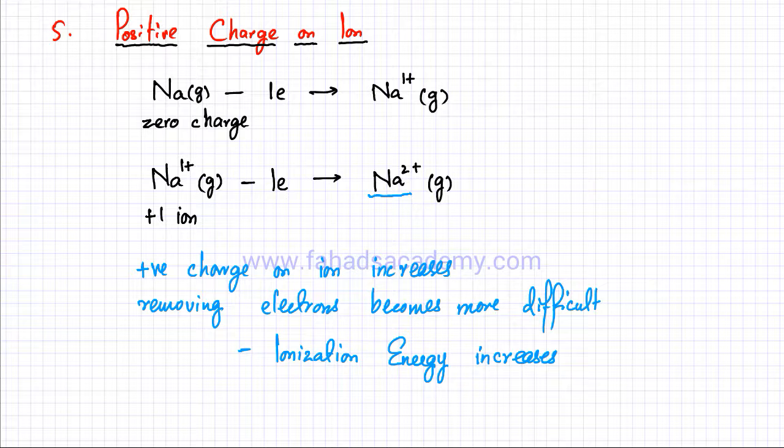So just focusing on this point alone and ignoring all the other points, that's the effect of the positive charge on the ion. So there are 5 factors in total that are going to affect ionization energy. So in the next lecture, we are going to discuss how all these 5 factors combined are going to affect the overall ionization energy of a particular atom.